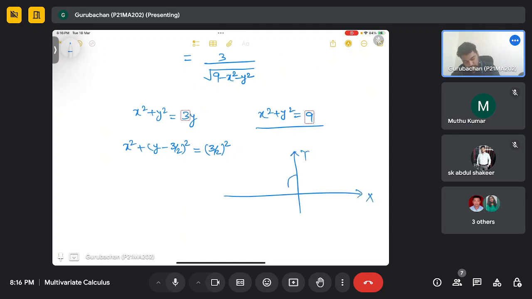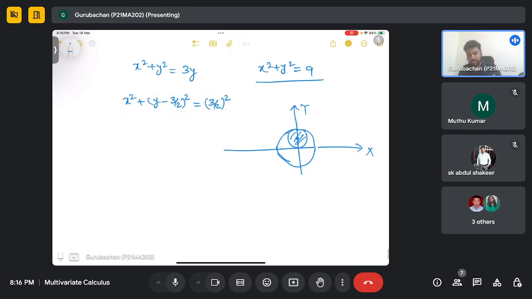So this is your inside circle, centered at 0 comma 3 by 2, and 3 comma 0 will be like this. Okay, so we need to calculate inside this. Obviously the intersection of both of them is this inside circle, x square plus y square is equal to 3y.